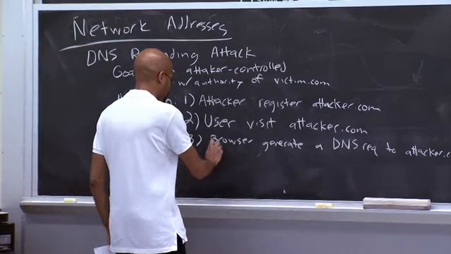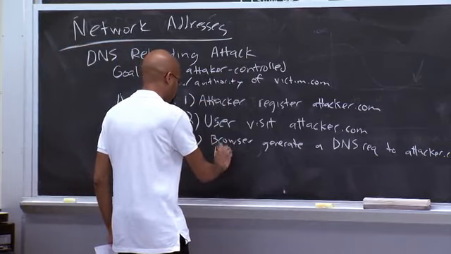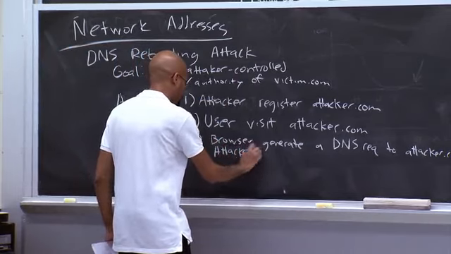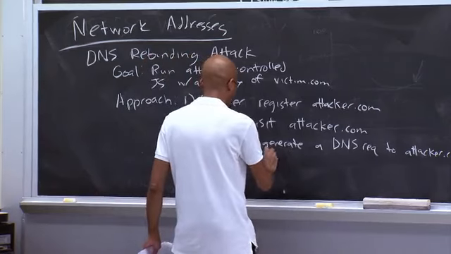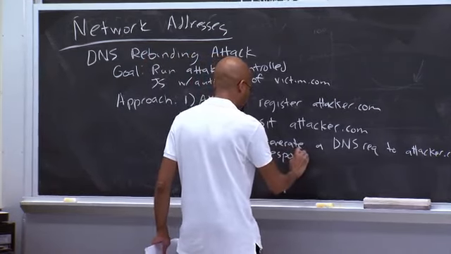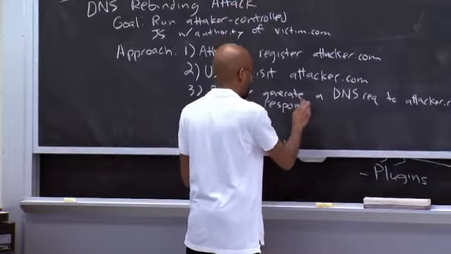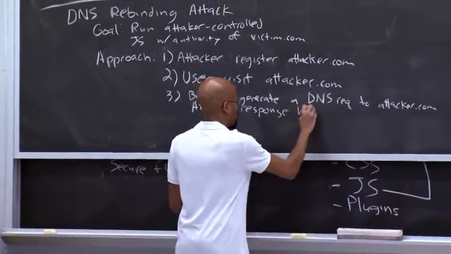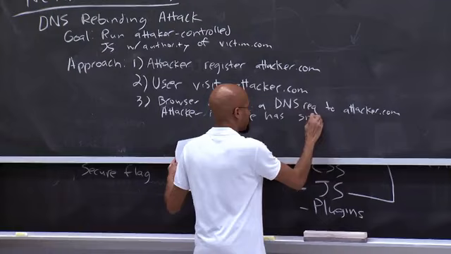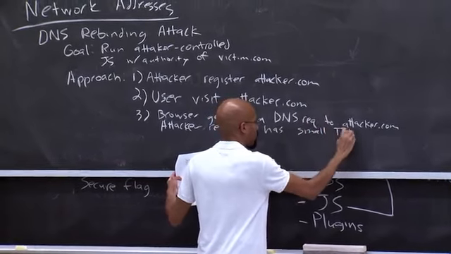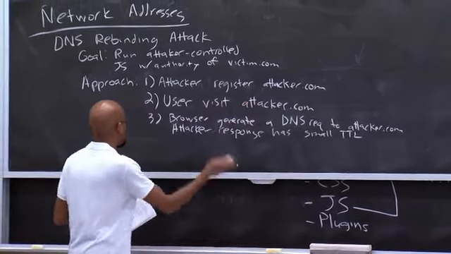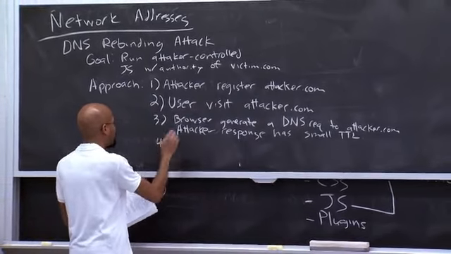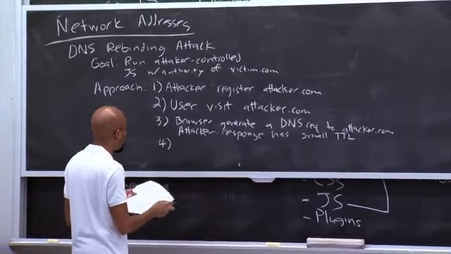So in other words, the attacker response has a small TTL. Okay, fine. So the user gets the response back. The malicious website is now running on the user side.